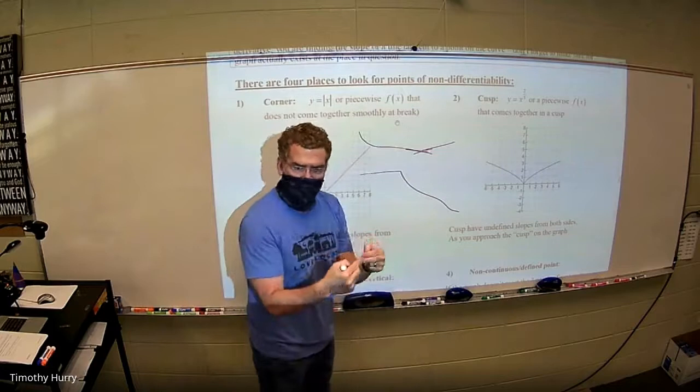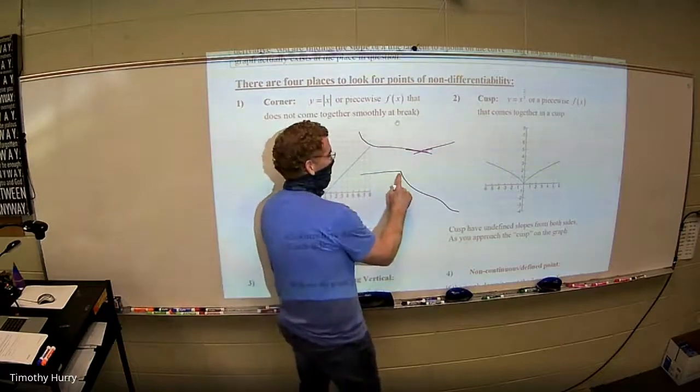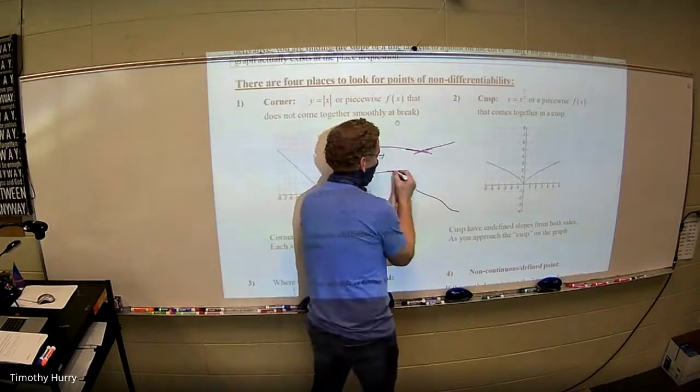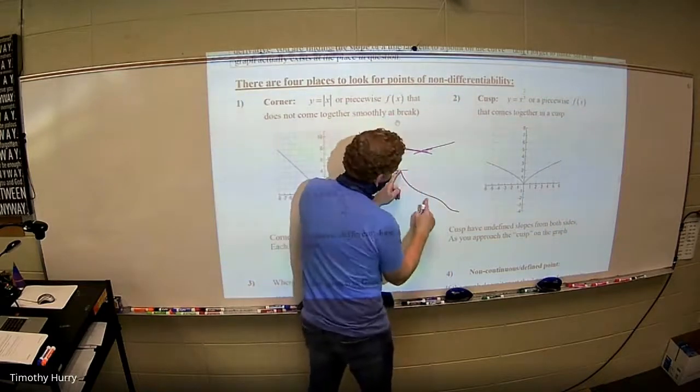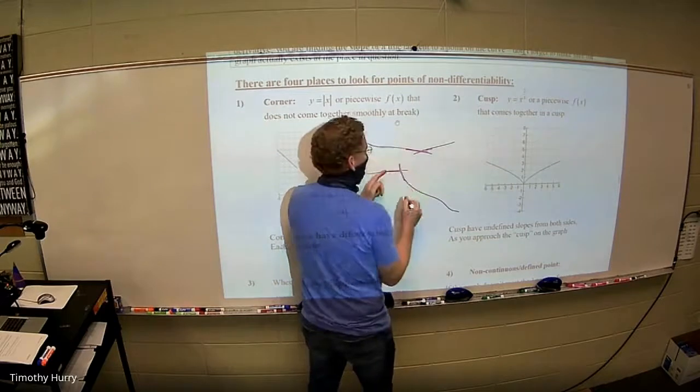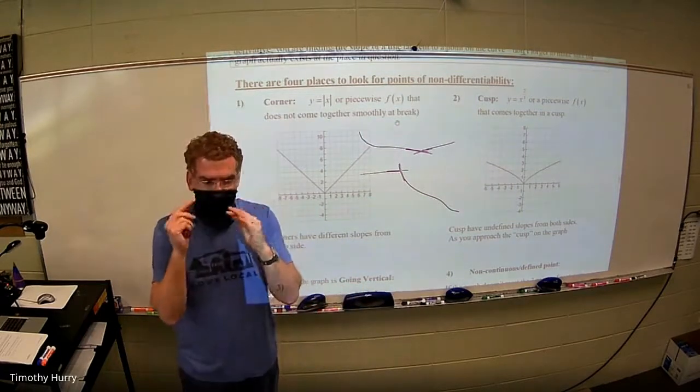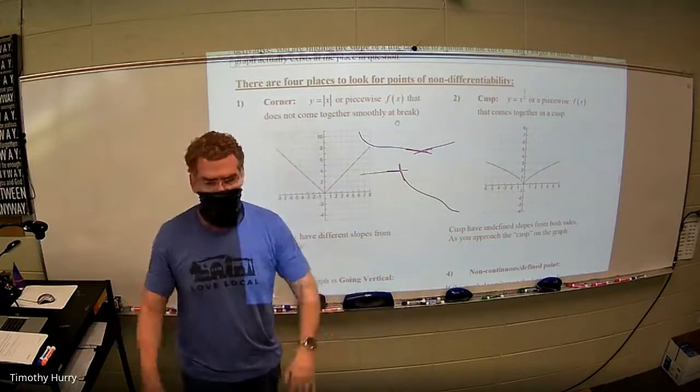Even if I use that definition where there's P and I take Q, H apart, and bring it closer, that slope as I near there and this slope as I near here are different slopes. If you have different slopes from both sides, it's called a corner. Can't take a derivative there.